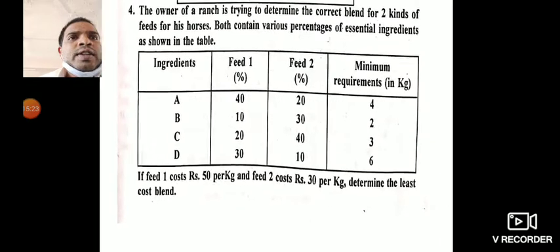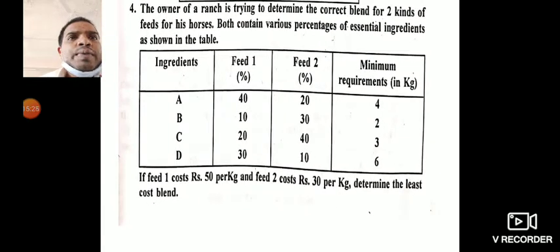And next problem he has given here: ingredients A, B, C, D for feed 1 and feed 2 in terms of percentage. Here in this problem he has given minimum requirements. If feed 1 costs rupees 50 per kg and feed 2 costs rupees 30 per kg, determine the least cost blend.